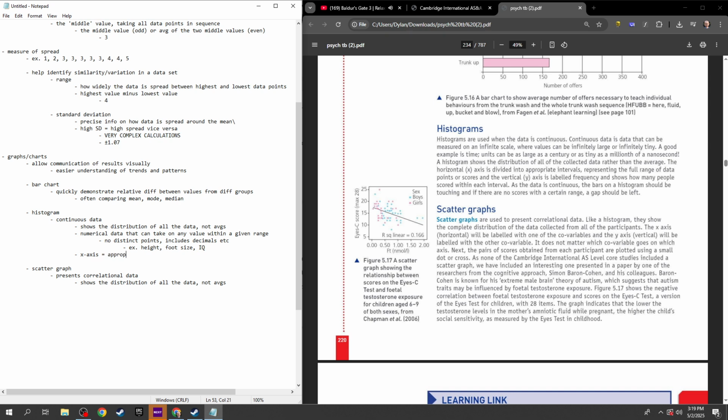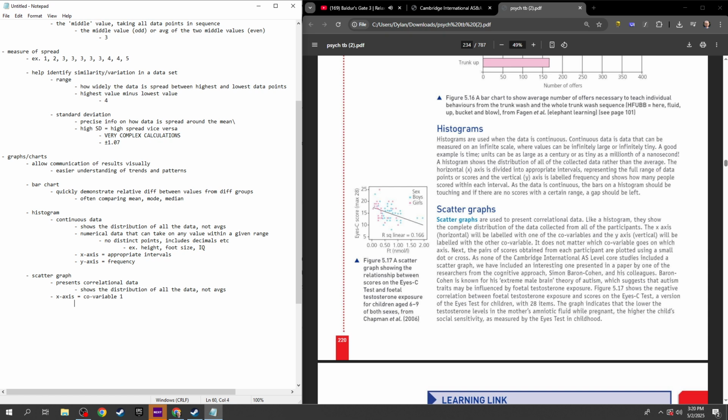Sorry, I'm just going back to this because I kind of missed out on some stuff. Appropriate intervals and y-axis. Y-axis would be the frequency.